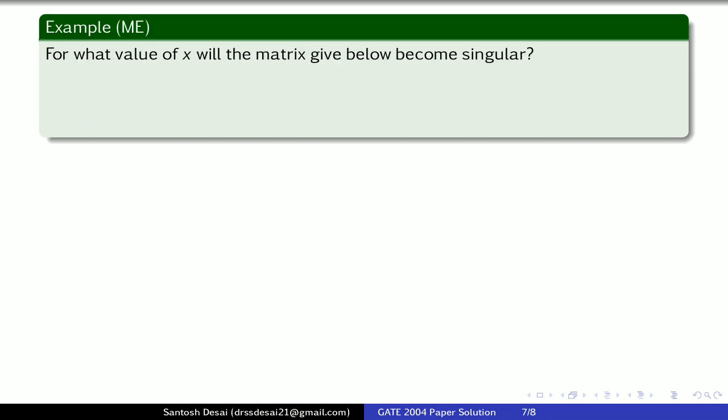Now finally consider, for what value of X will the matrix given below become singular. So the matrix is given, and here we have to find out the value of X for which the matrix is singular. Now the options are not given, and we know that singular means the determinant of the given matrix should be 0.